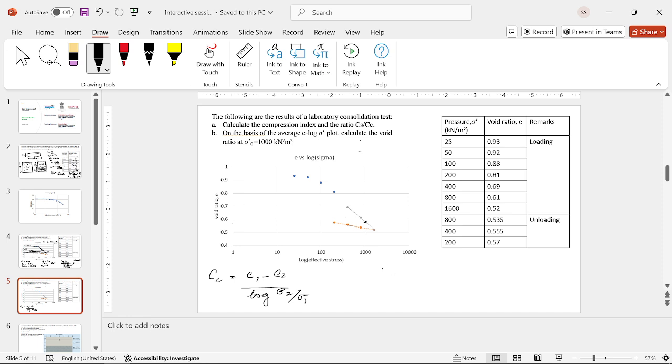Okay, on the loading line, we are taking e1 as 0.61, sigma 1 as 1600, actually let me take 400 and 800, 0.69.